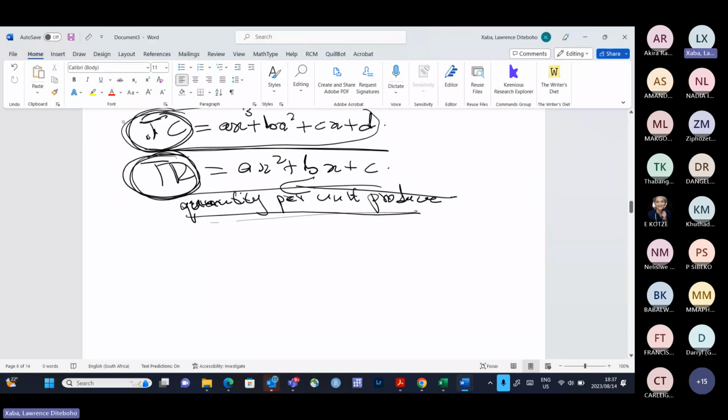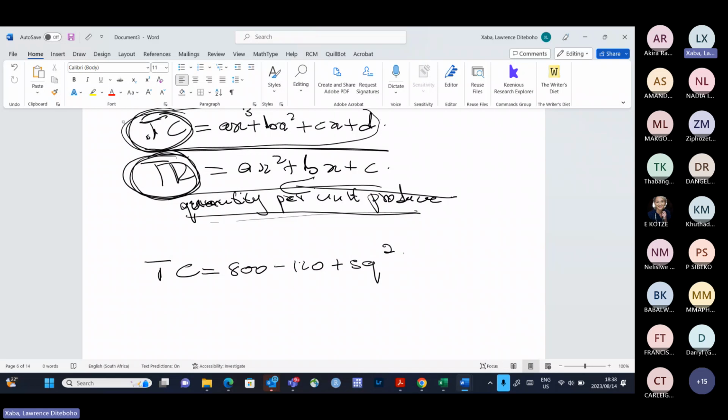So let's take an example of total cost. We are saying the total cost that is given to us is 800 minus 120Q plus 5Q squared.